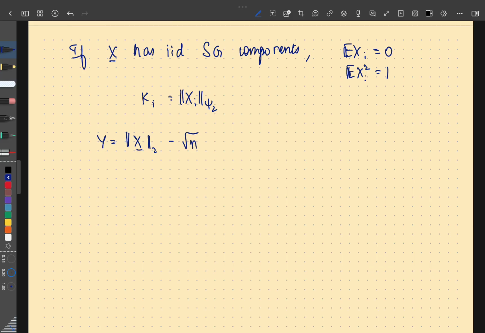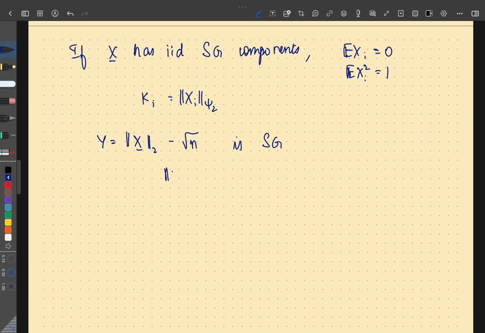So you would expect that the L2 norm of x should be very close to square root of n. But can we say something more about this random variable? Is this subgaussian? Is it subexponential or something else? What would you expect? If its square is subexponential, then we could expect the norm itself to be subgaussian. Correct. So this in fact is subgaussian.